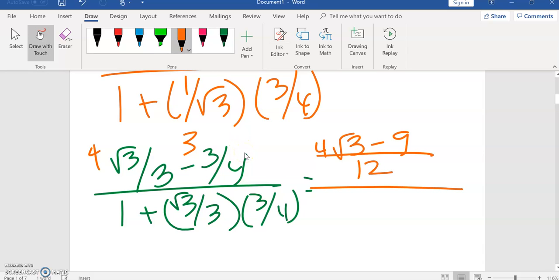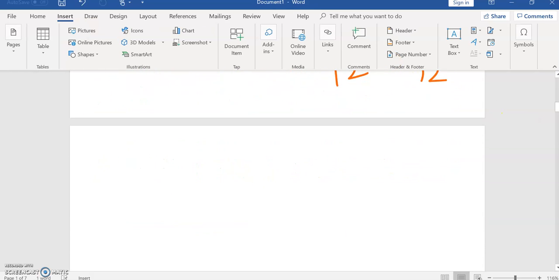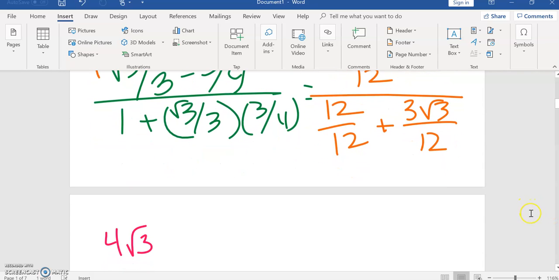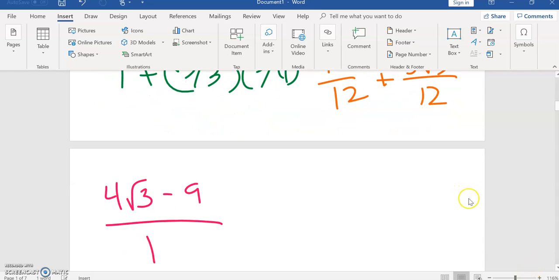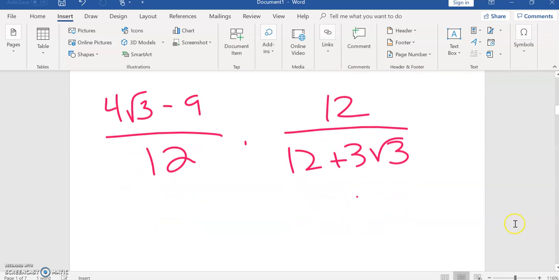And down here, I have 12 over 12 plus 3 square roots of 3 over 12. The reason I wrote it out like that is because then I can turn this into a division problem, which really is a multiplication problem when I do fractions. Times 12 goes in the top, and then in the bottom, 12 plus 3 square roots of 3.